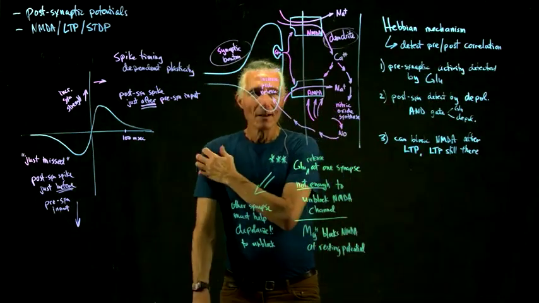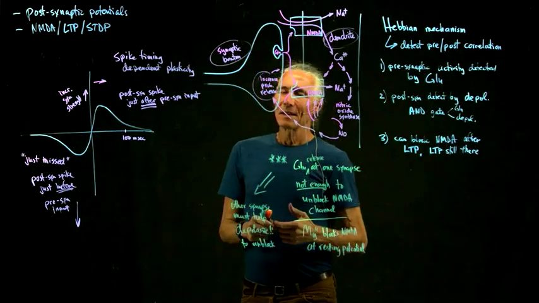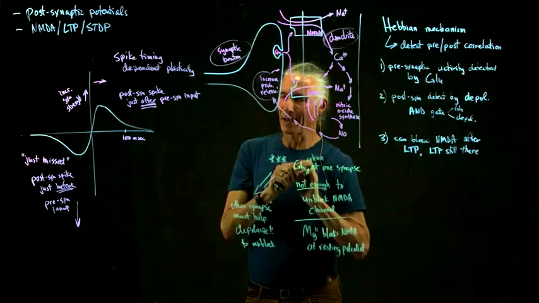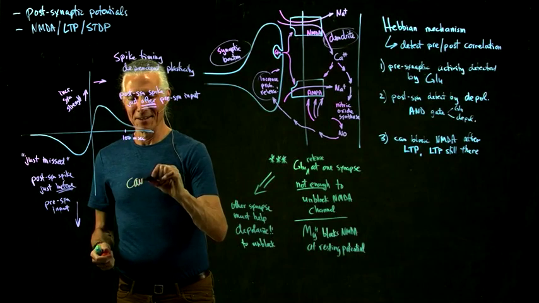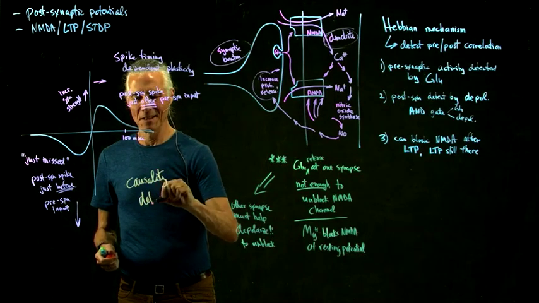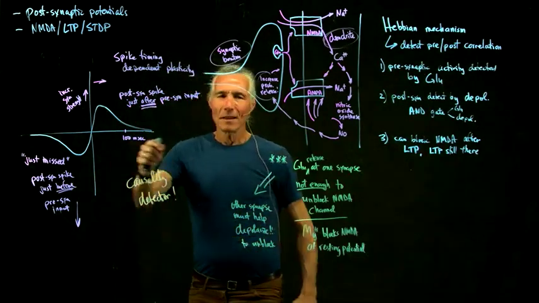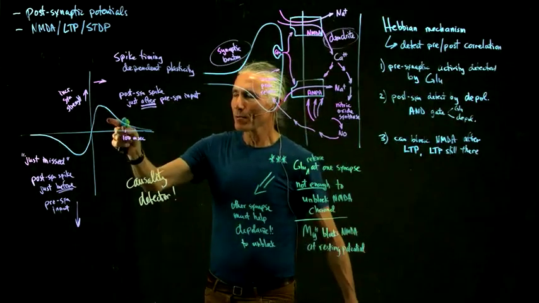And so what's the way of thinking about that? You can sort of think about this as a method of detecting that this guy has helped cause a spike. So you can think of this as a causality detector. If this synapse helped cause this guy to spike, then you get rewarded.